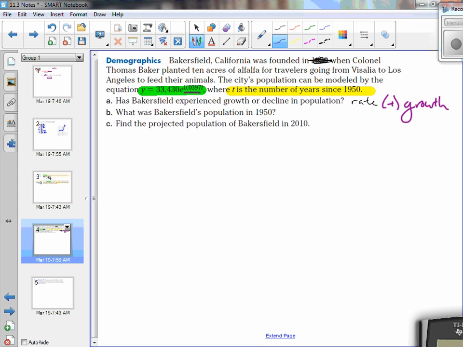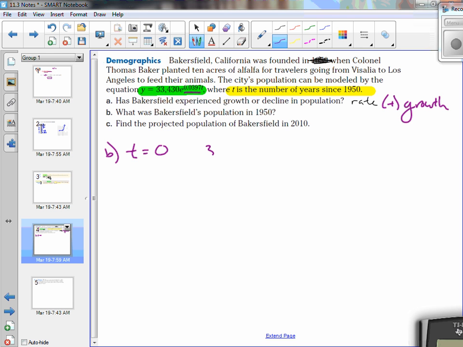Okay? On part B, what was Bakersfield's population in 1950? Well, remember, t is the number of years since 1950. So if it is 1950, what is t? 0, because it's no years since 1950.